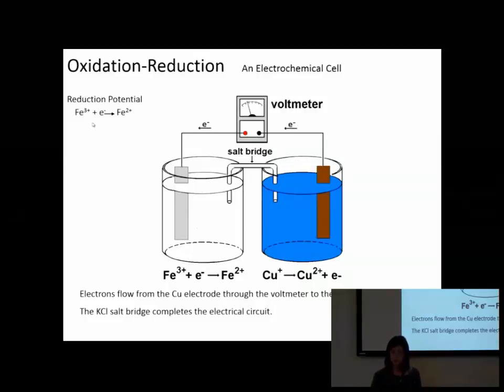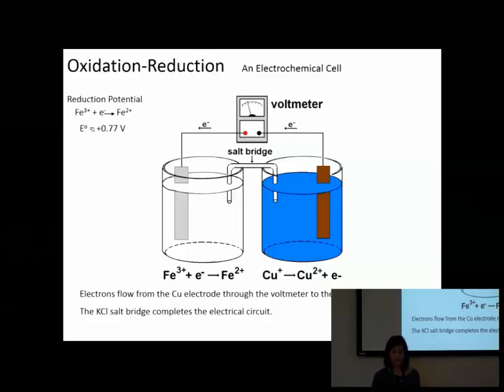So if you look at the table, the table in the back of your book or on the internet, you see a half reaction, the reduction half reaction, and it has on the table 0.77 volts. And what does this little circle here mean? Does anybody remember?